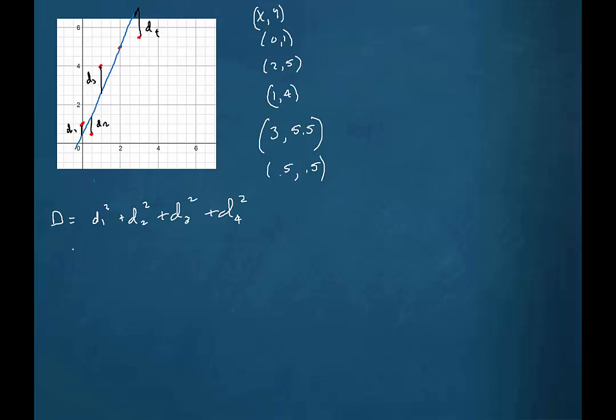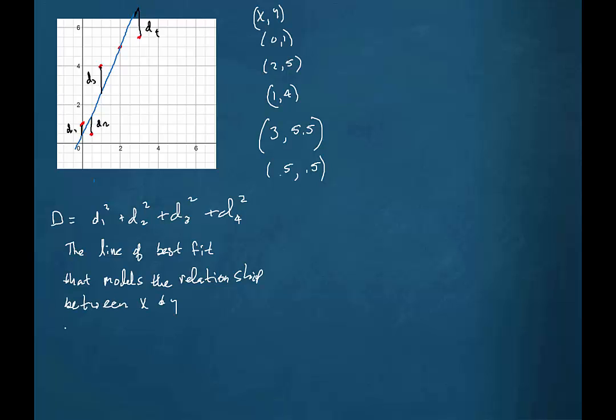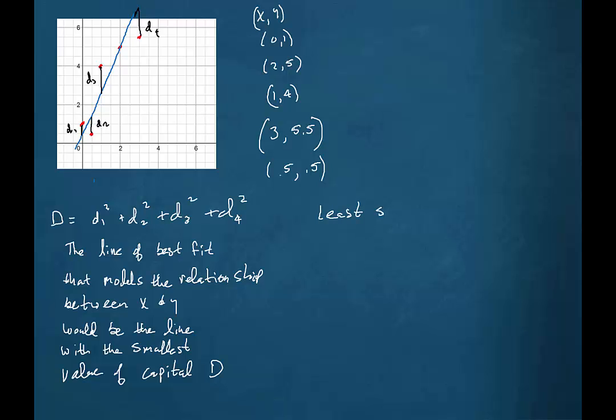Now the line of best fit that models the relationship between x and y would be the line with the smallest value of capital D. This is called the least squares regression line.